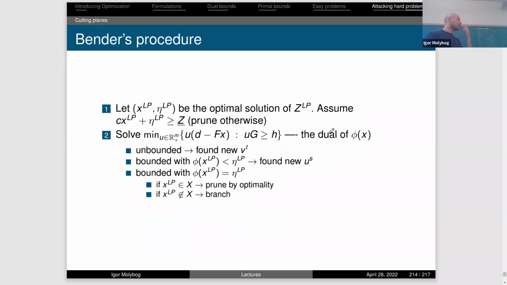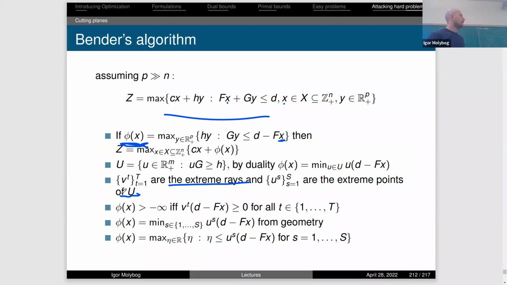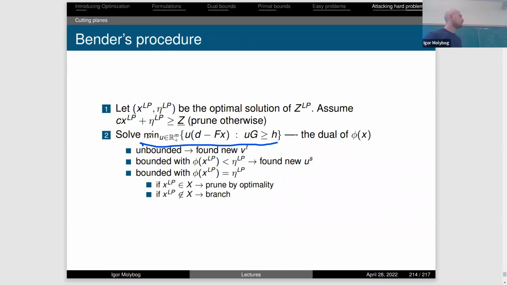That brings us to the Benders procedure, which has at its core the solution of linear programming problems over the set U that has been introduced over here, which is the dual feasible set for the problem defining phi. And then we have seen that there are different cases that the second step of looking for phi of x can lead us to.